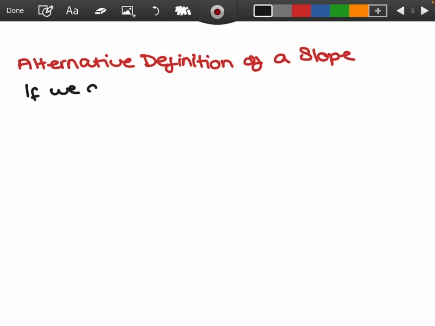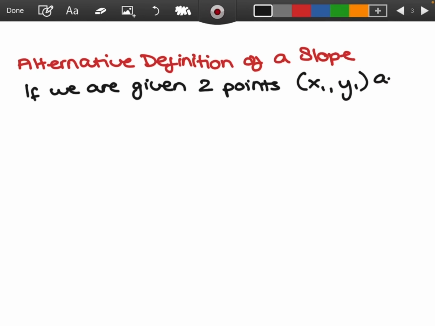So if we are given 2 points, I'm going to call them x sub 1 and y sub 1 and x sub 2 and y sub 2. So we've got 2 points that lie on that line.